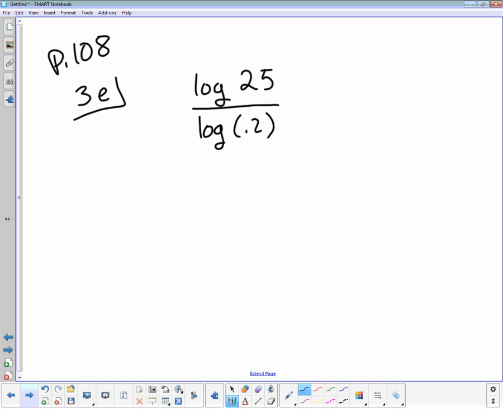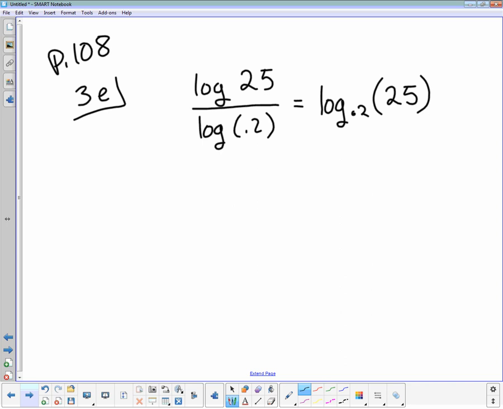All right, so what is the base of these logs? 10, because it's not written, so it's assumed to be 10. Now, if you were to do the change of base formula right now, this would equal log base 0.2 of 25. Correct?